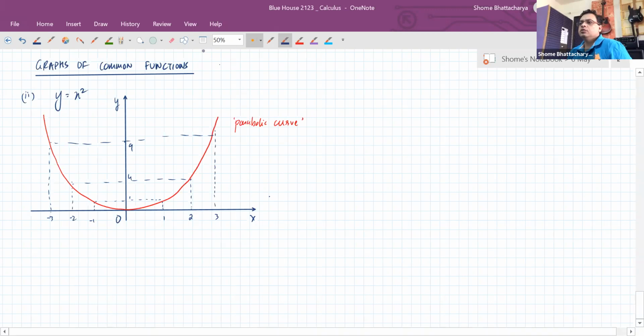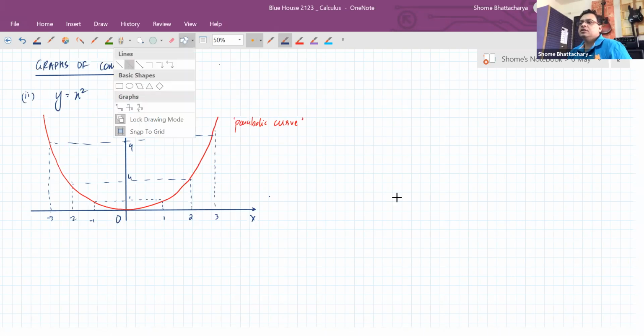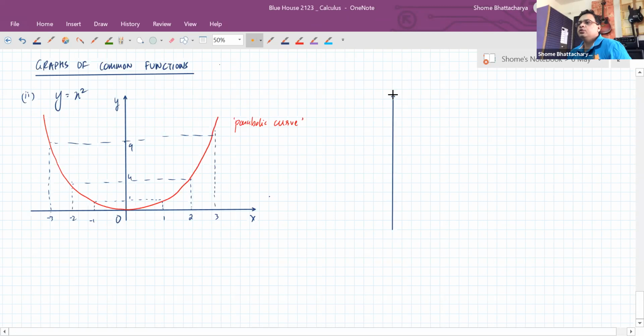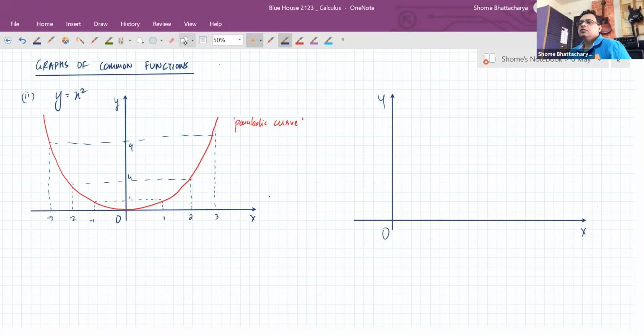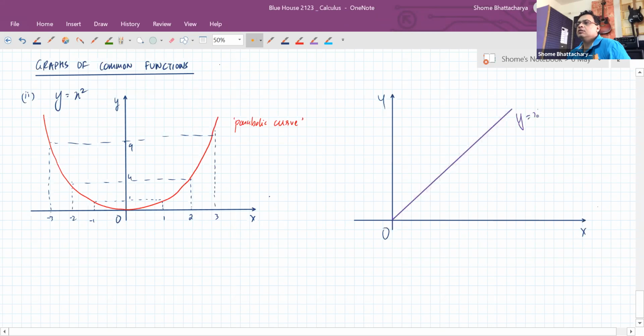Okay. Also, you will see that it has an interesting relationship with respect to a straight line graph. For example, if I just compare the graph of y is equal to x on the positive part of the domain with the graph of this parabola y is equal to x square, you'll see the interesting comparison that the line y equal to x exactly bisects this, okay, because it has a 45-degree angle or a slope of 1.